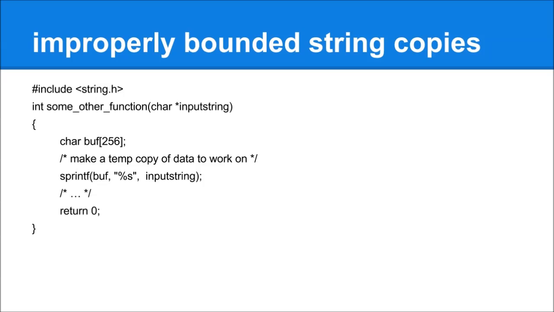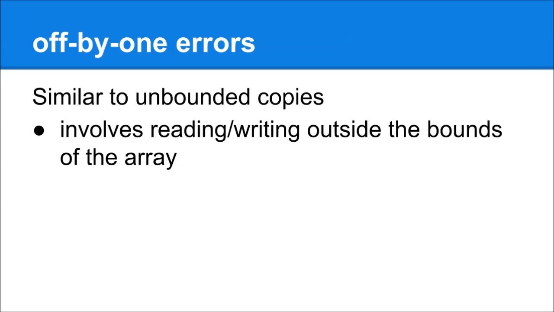Another improperly bounded string copy would be sprintf. This is unbounded formatted copy into a buffer, rather straightforward. Off-by-one errors usually involve reading and writing outside the bounds of the array. Say you have a char array of 10, and you're iterating in a for loop.